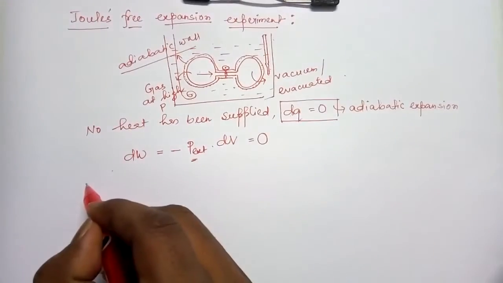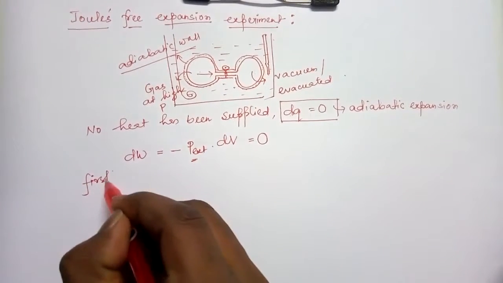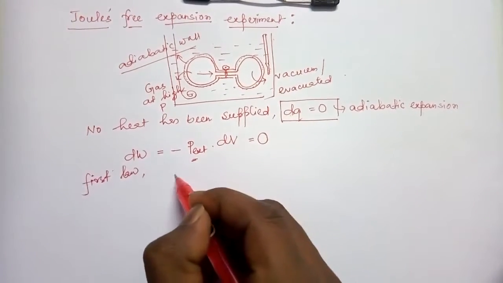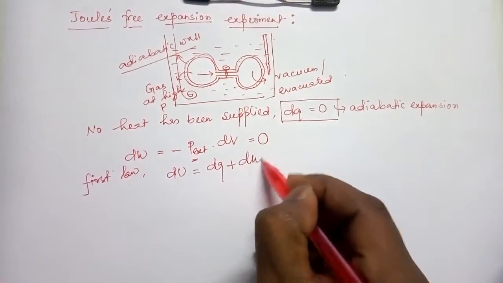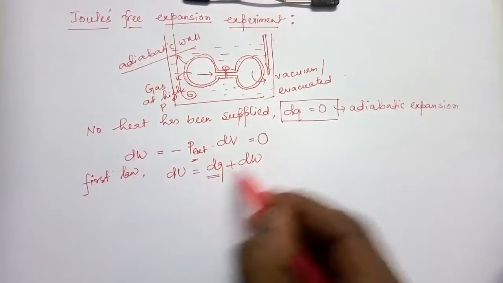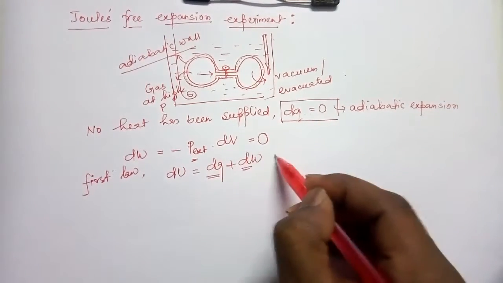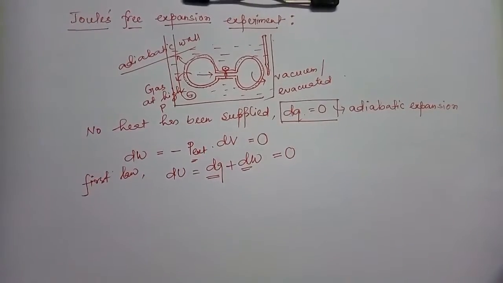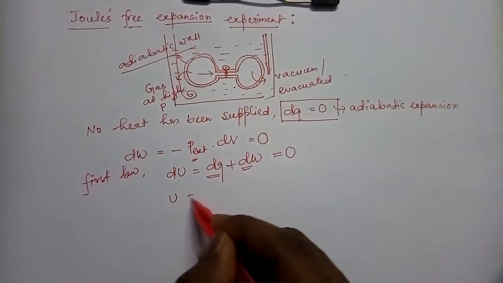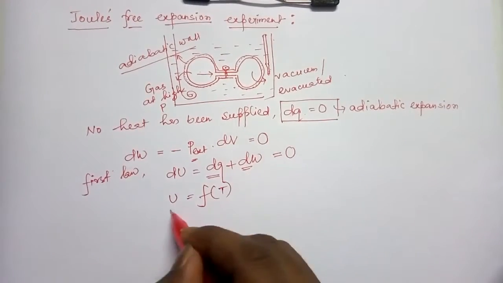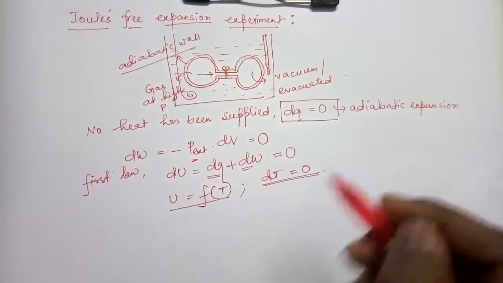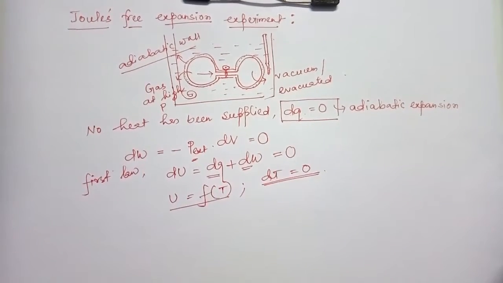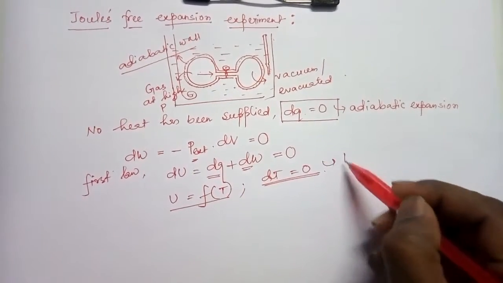Now, according to the first law of thermodynamics, dU equal to dq plus dw. So dq equal to 0, dw equal to 0, so dU must be 0, and we know that U is a function of temperature. As dU is 0, then dT must be 0. That means the temperature remains constant, so we can say that this is isothermal.